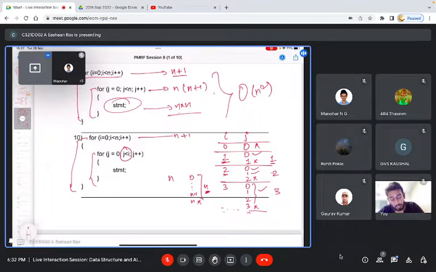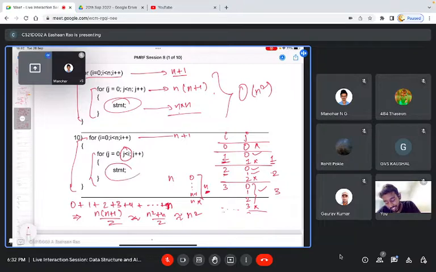If we combine all the computation, we find it will be 0, 1, 2, 3, 4 until n. So it is a summation of the first n numbers, which is n times n plus 1 by 2, equivalent to n square plus n by 2, which is again equivalent to n square.